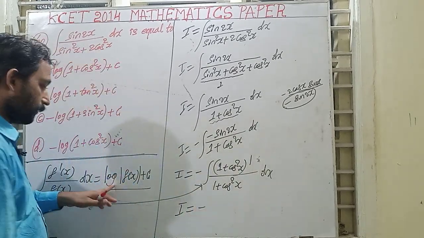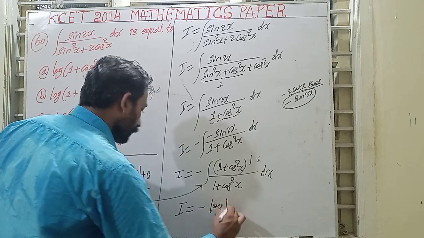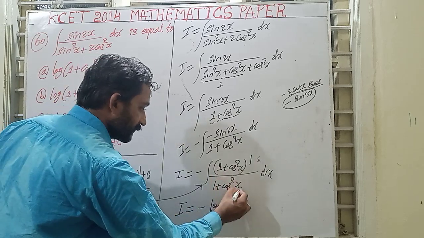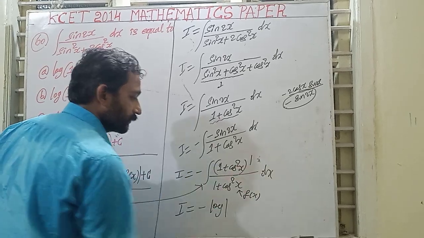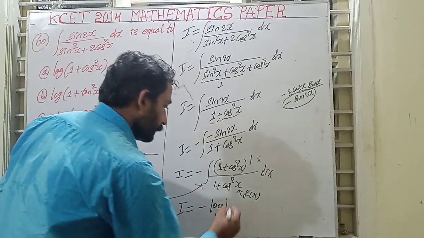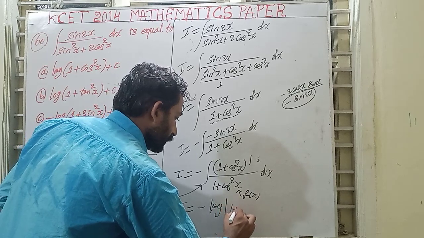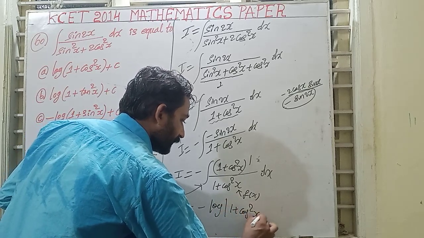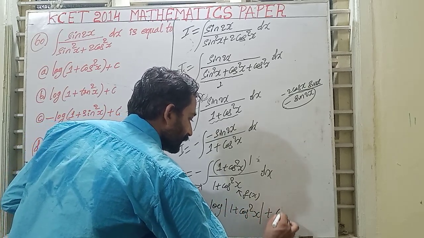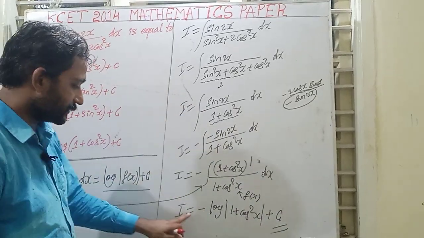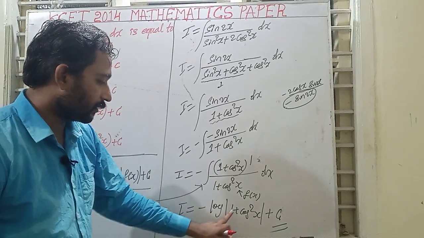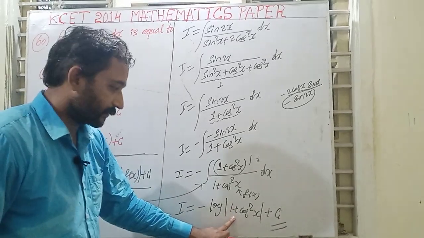Minus log of modulus of f of x. This is f of x, this is f dash of x. Now write down f of x, 1 plus cos square x, plus integral constant c because it is an indefinite integral. So I is equal to minus log of modulus of 1 plus cos square x plus c.